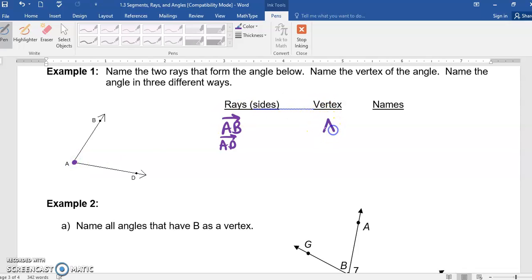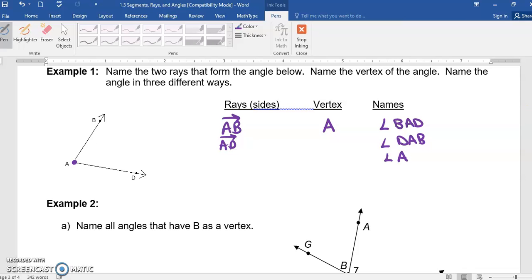That's a point, so it's just capital letter A. We could either call it angle BAC or angle CAB. Since there is no other angle in that picture with A for a vertex, we can just call it angle A. So any of those is okay.